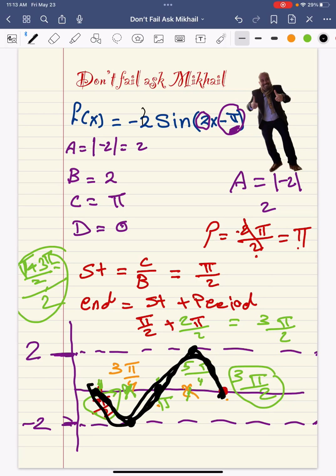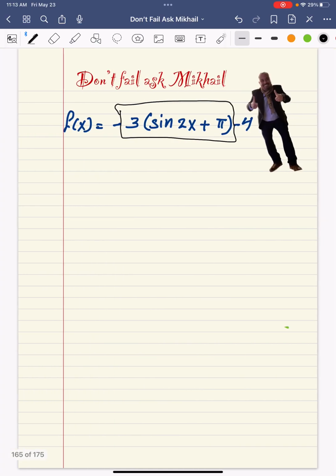Let's make this one positive. Negative, I'm sorry. So I'll make this one negative. So the graph is going to look like this.